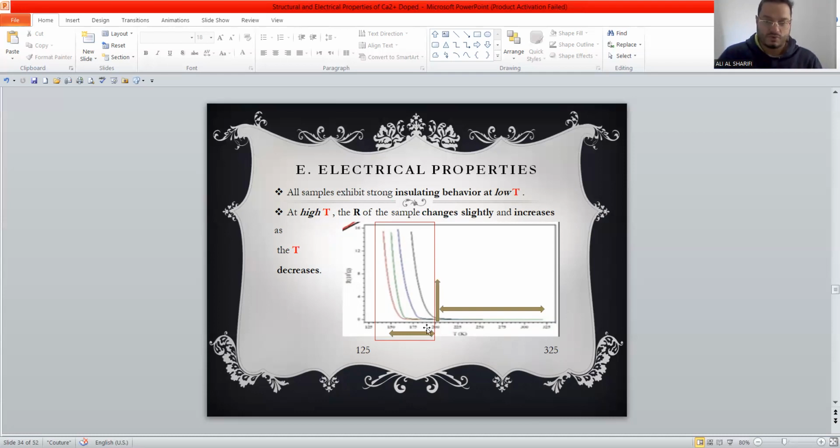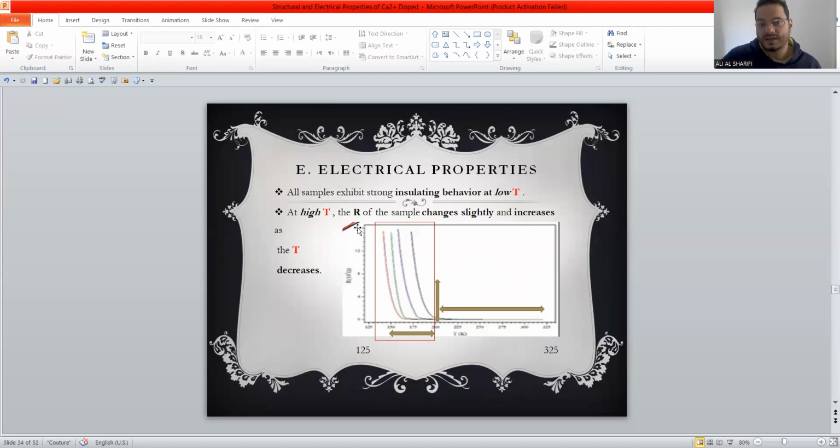Why insulating? Because, like we know, there is an exponential increase in the resistivity and the resistance. And at high temperature it acts with another behavior.